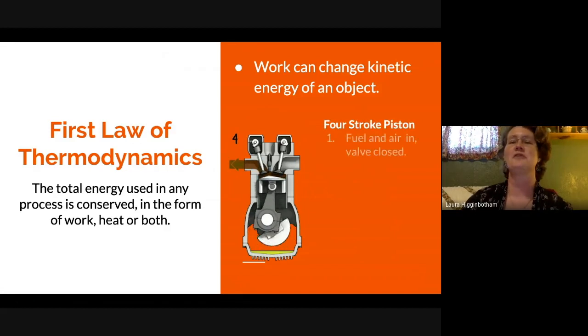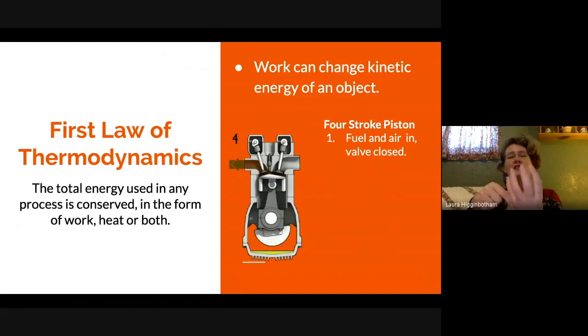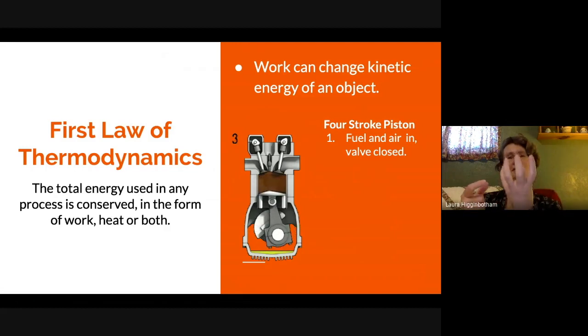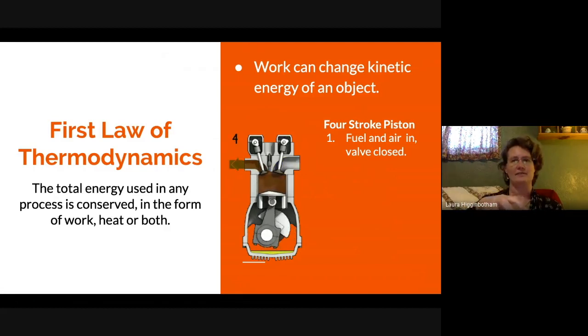The first stroke, number 1 right there, the fuel and the air come into the chamber, and you notice that in 1, the piston is going down. So there's room for your fuel and your oxygen to come in. And then that valve closes. So step 1 right there is the fuel and air coming in. Okay.